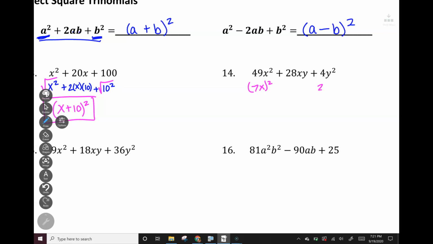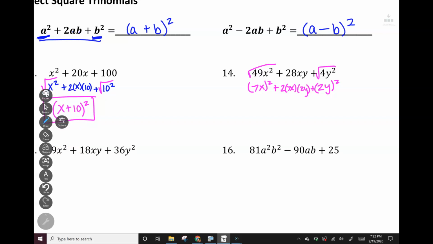The last term is 2y squared. So make sure you're taking the square root of the number and the variable. And the middle term should be 2 times 7x times 2y, which it is. You don't have to rewrite this, but I'm just showing you that it does follow the pattern.